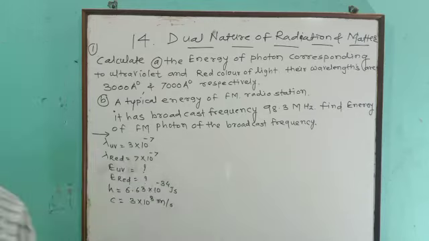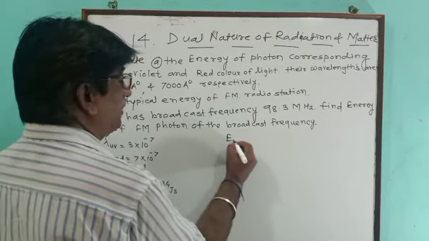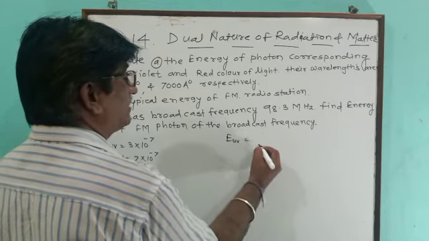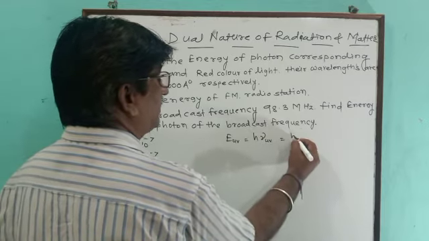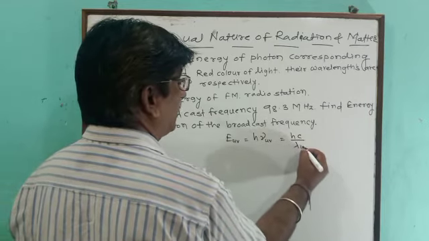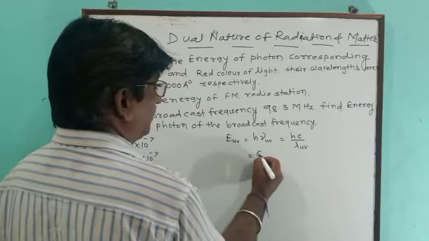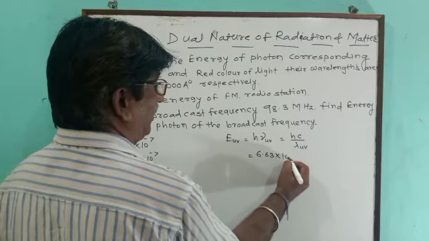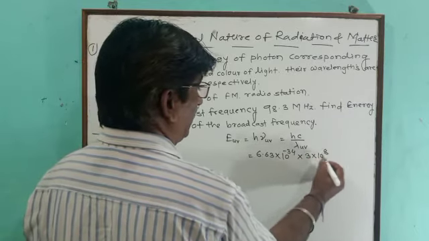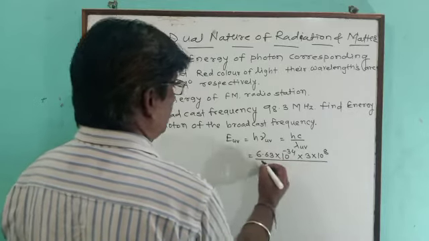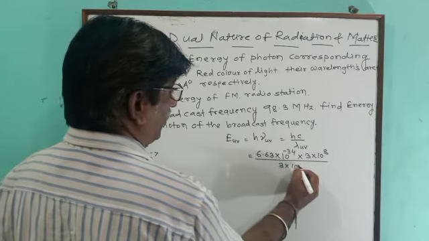So we can solve such a problem like this: energy for ultraviolet is equal to h nu ultraviolet, that is hc upon lambda ultraviolet. Substituting the values, 6.63 into 10 to the power minus 34, 3 into 10 to the power 8, upon ultraviolet wavelength 3000, that is 3 into 10 to the power minus 7.